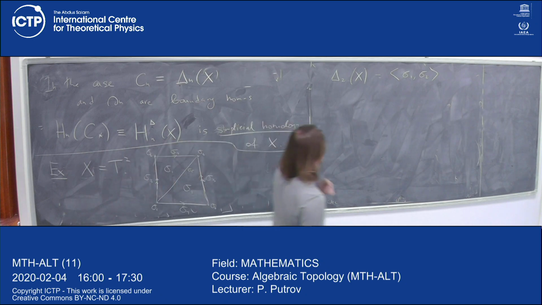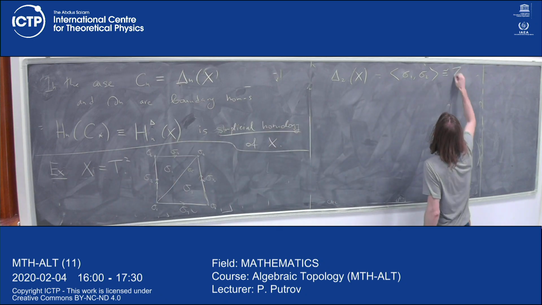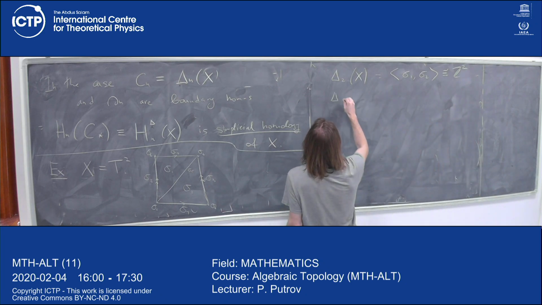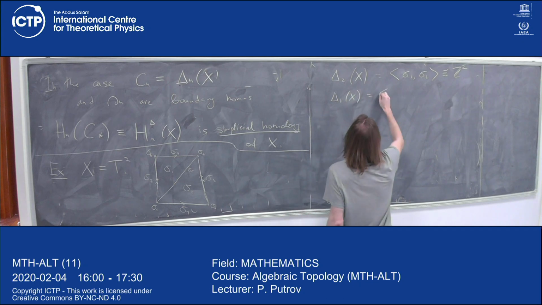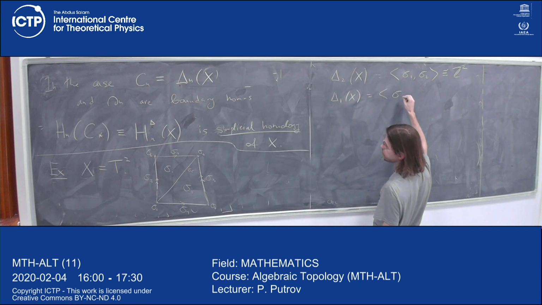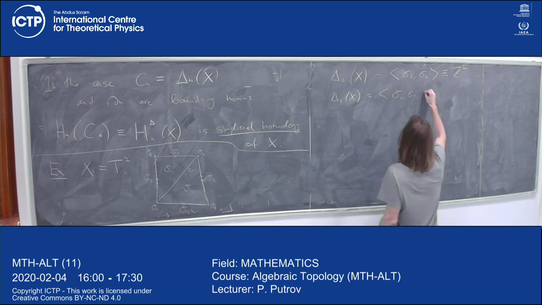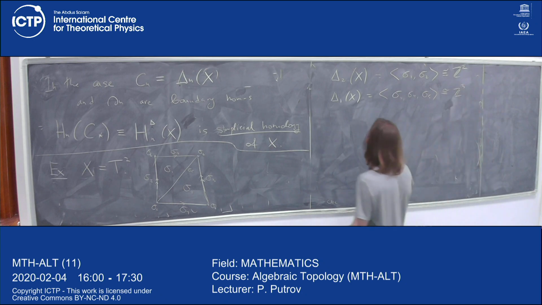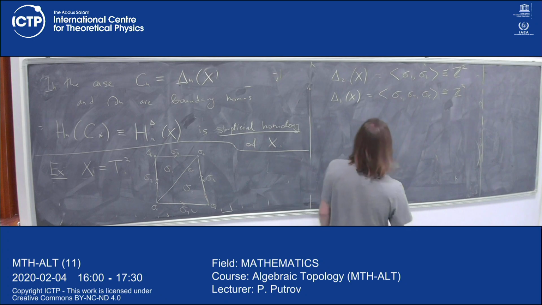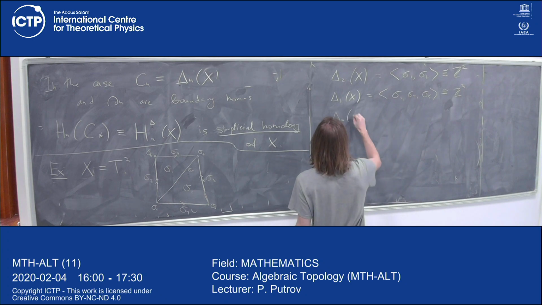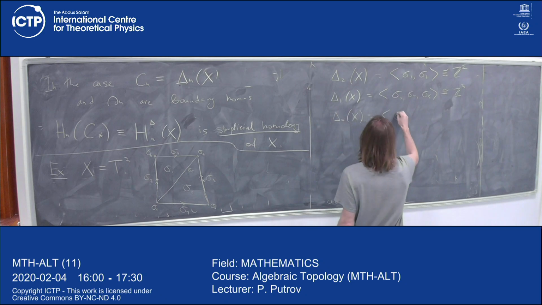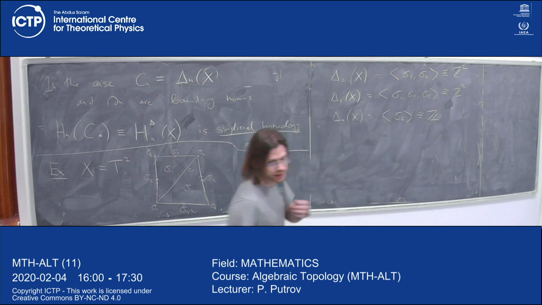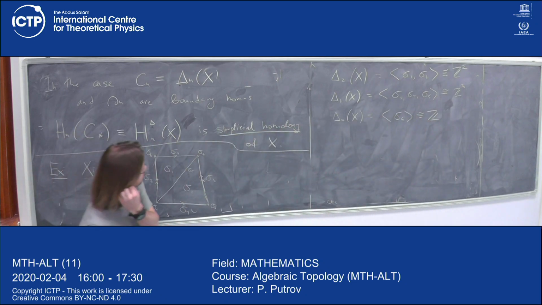So as a group, this is isomorphic to Z squared, just two generators. And Delta_1 of X is generated by sigma 3, sigma 4, sigma 5, isomorphic to Z^3. And Delta_0 of X is just a single generator, and this is isomorphic to Z. So far so good. We determined these groups.